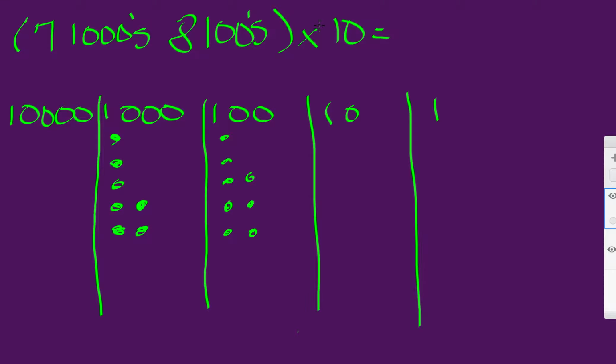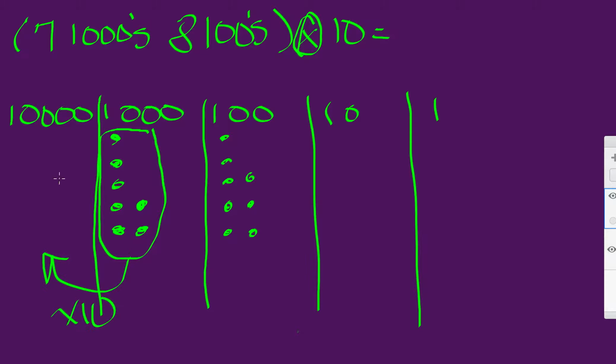And we're going to times, which means they're getting bigger, by 10. So this whole group, we're going to times the whole thing by 10 and move it over. So now I have 1, 2, 3, 4, 5, 6, 7 in the 10,000s. And this one, I'm going to times by 10, the whole thing. Move it over.